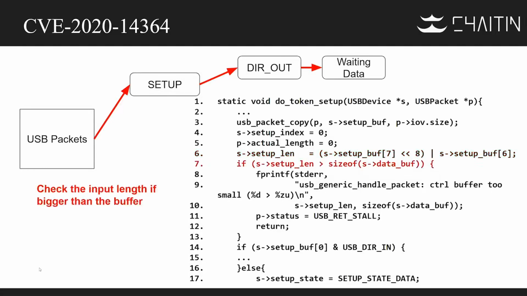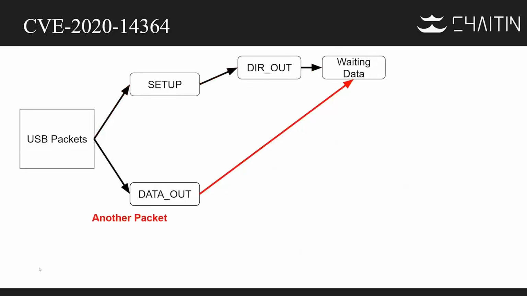Then, it compares setup length with the size of the data buffer. If it's bigger, then the check fails. But before returning, this function does not clear the setup length. So here comes a problem. Let's see what happens when we send another data out USB packet.